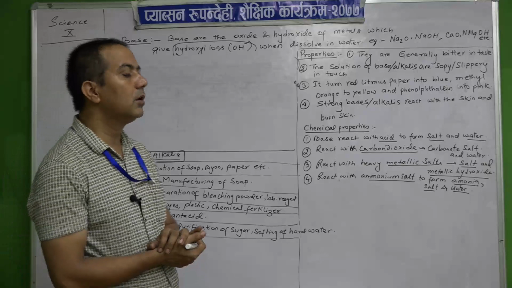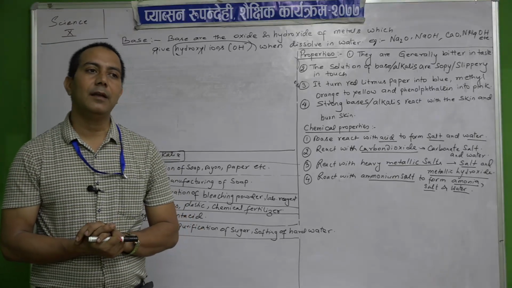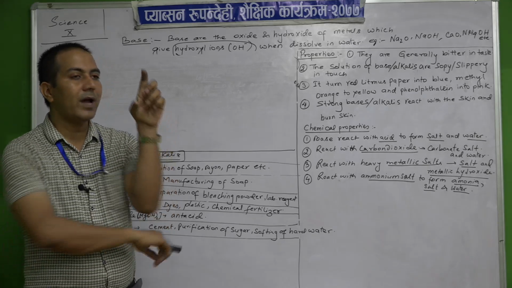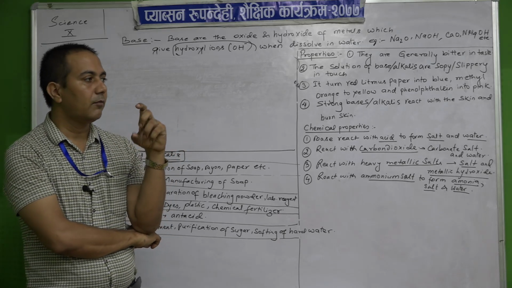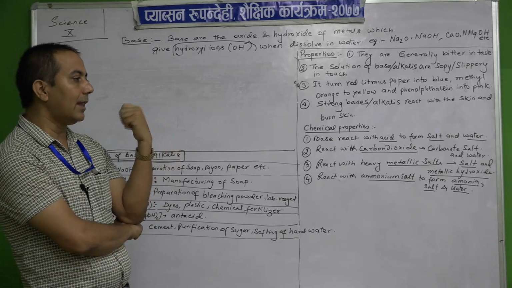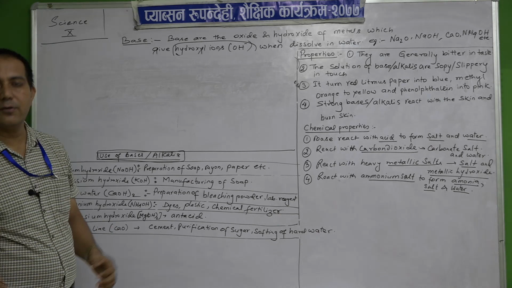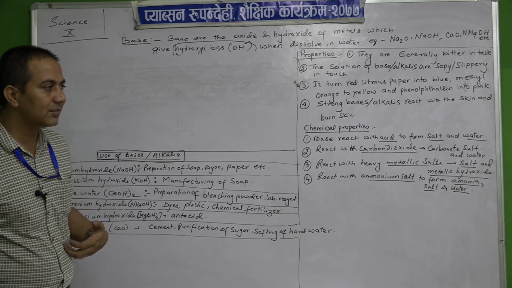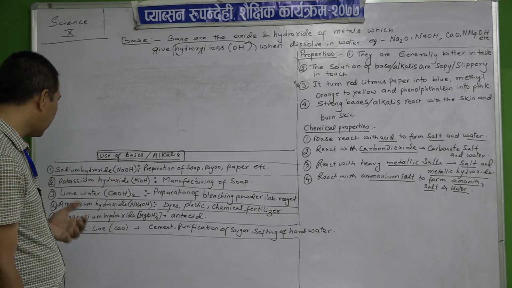Antacids are compounds used for the cure of gastric problems. That white liquid you may find in the market is used by people suffering from gastric trouble, and it is prepared from magnesium hydroxide base. So acidity of the stomach can be cured by using magnesium hydroxide.